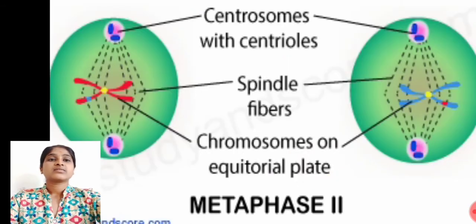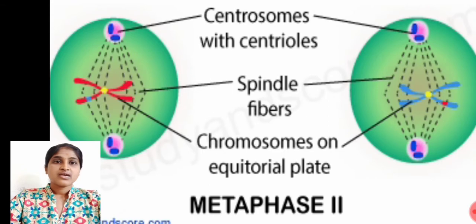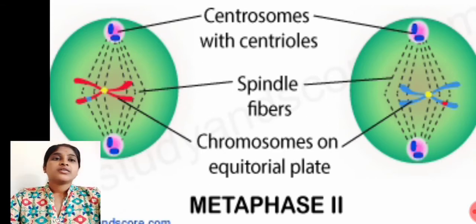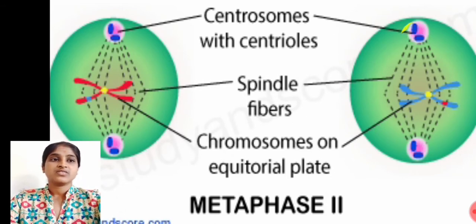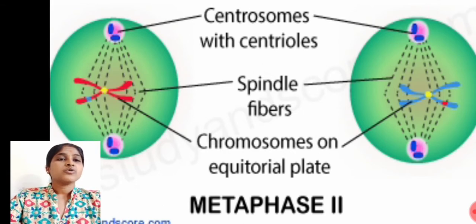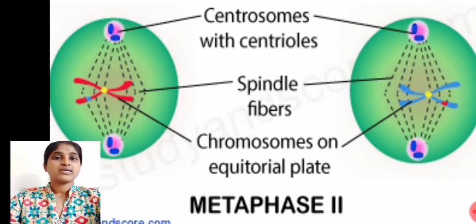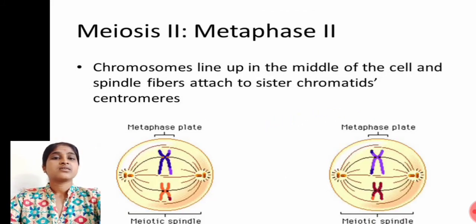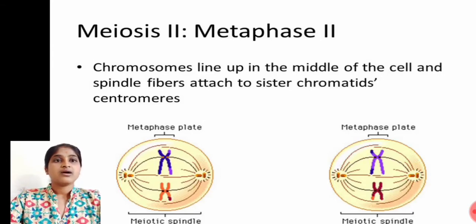Okay. Next phase, metaphase. This is the diagrammatic representation. Centrosomes with centrioles are at the two poles, we also see centromeres, and the spindle fibers are completely formed, and the chromosomes are on the equatorial plate. Here in the middle we see two chromosomes. Next stage, metaphase second.